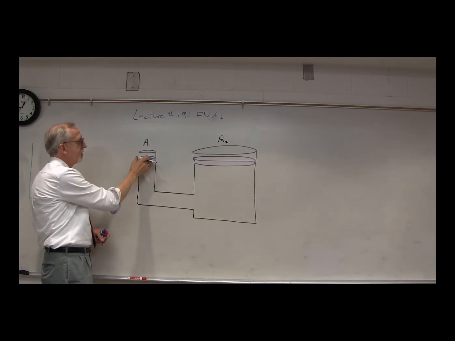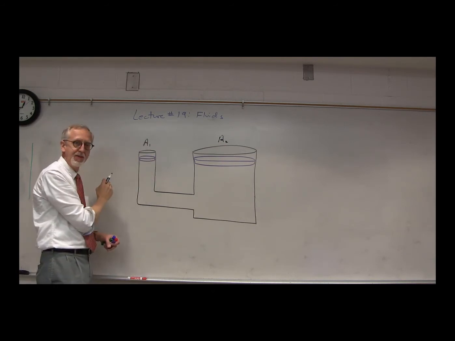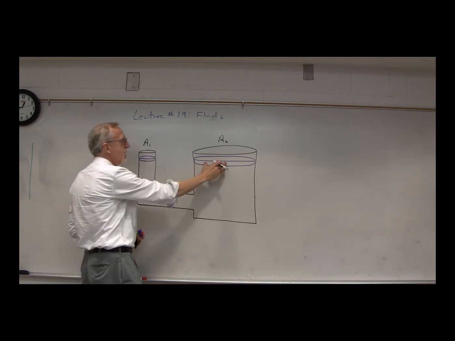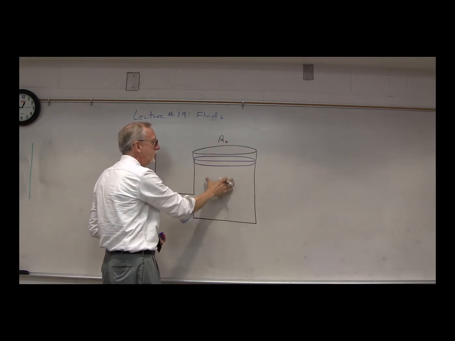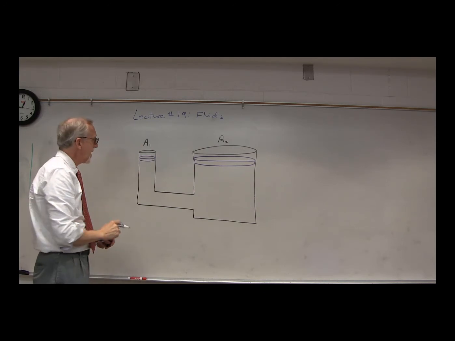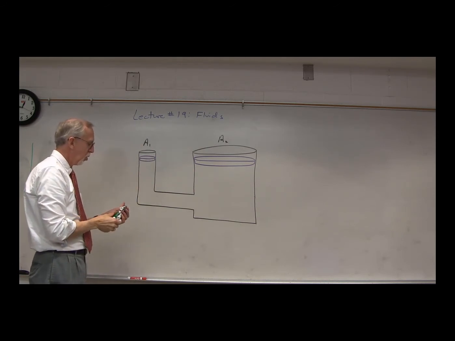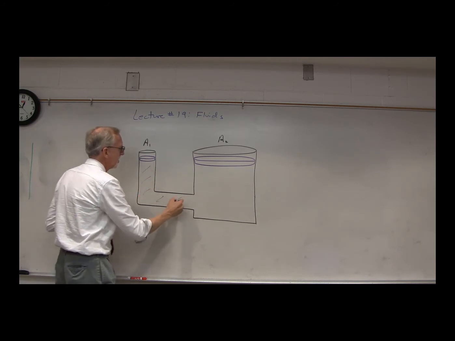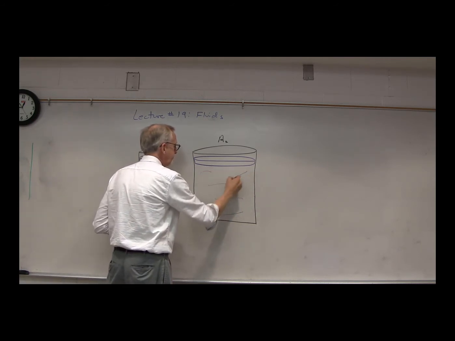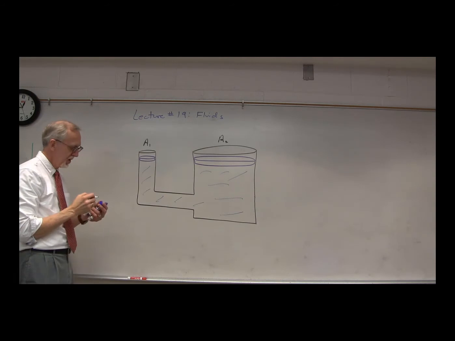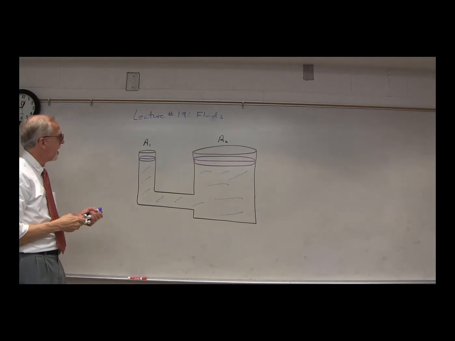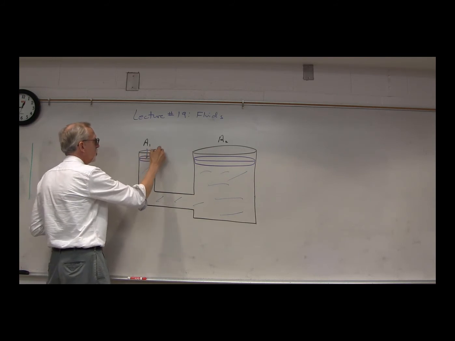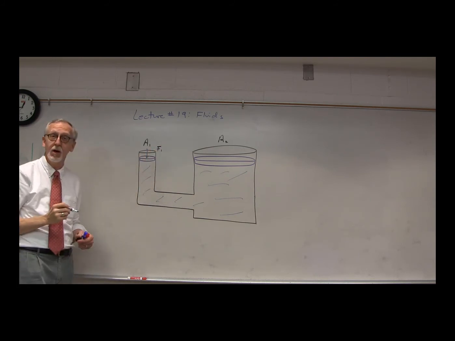Now let's imagine there's a piston over here, a small piston of area A1 that moves up and down in this tube, and a larger piston of area A2 that can move up and down in this tube. And let's imagine that this whole tube, both sides, is then filled with some fluid. Okay? Now, let's imagine that we apply a force on this piston. We push down over here with some force F1.